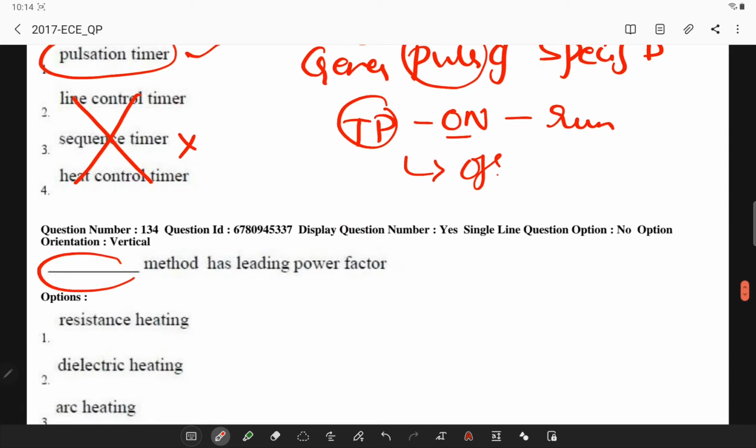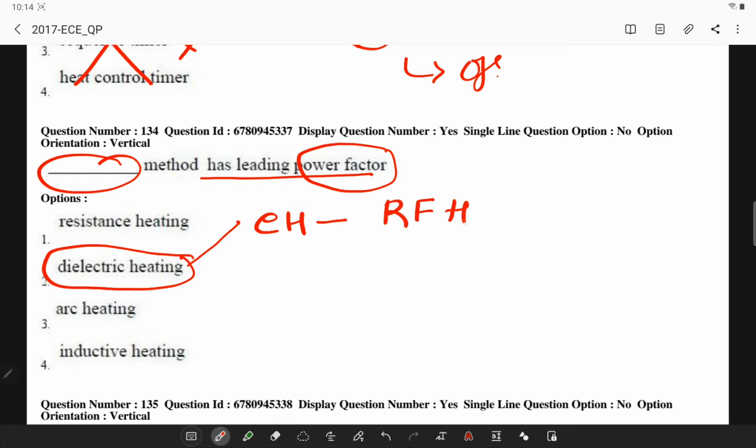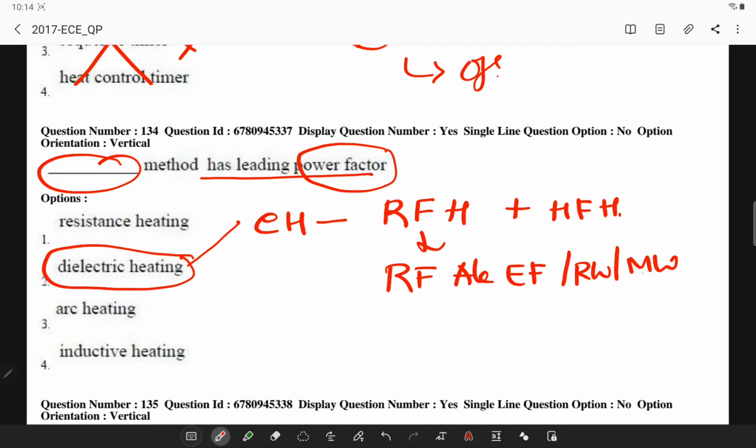Next, what is the method of having leading power factor? Basically, you have to know what dielectric heating is, because it is an electronic heating mechanism in which you use radio frequency heating and high frequency heating. It is a process in which a radio frequency alternating electric field, or a radio wave or a microwave, heats a dielectric material.